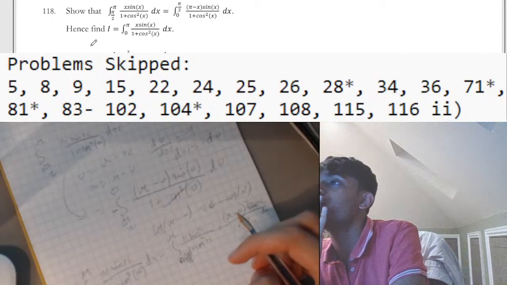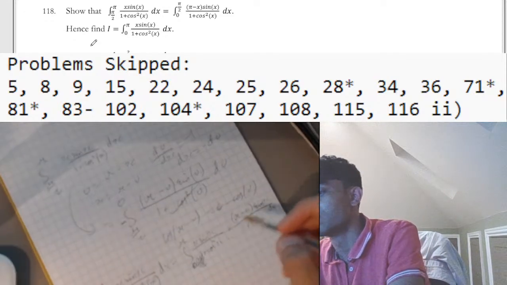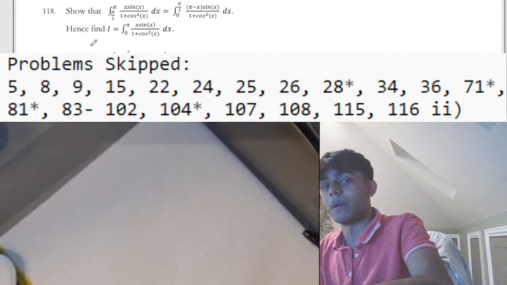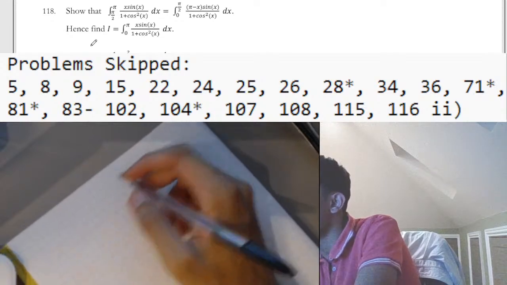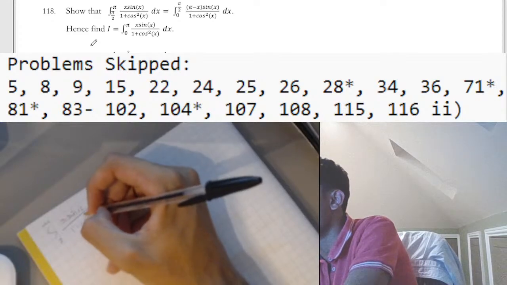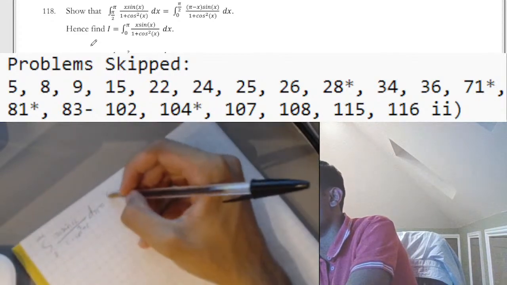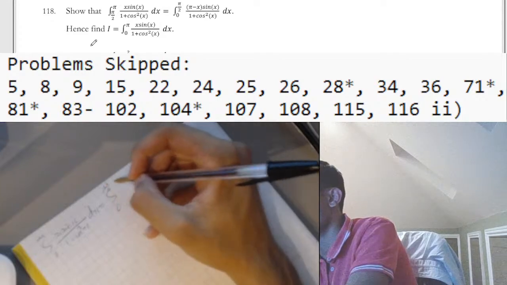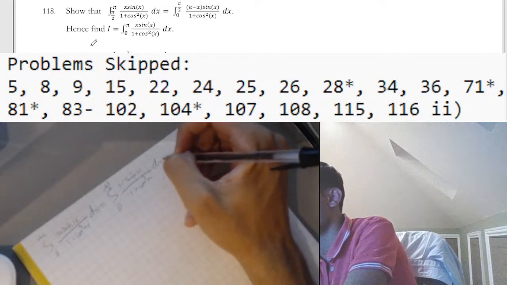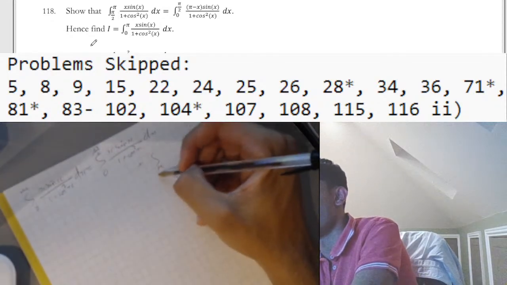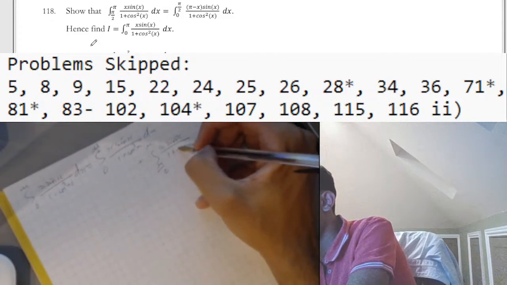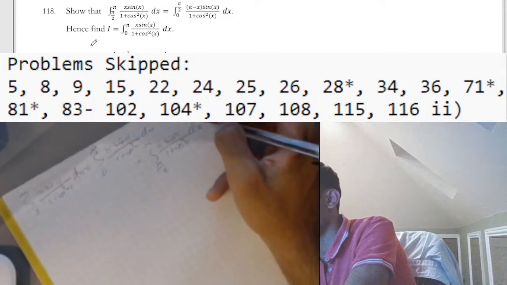Oh wait. Okay, so it's the integral of... No, integration is not my strong point. So the integral from 0 to pi of x sine x over 1 plus cos squared x dx is the integral from 0 to pi over 2 of x sine x over 1 plus cos squared x dx, plus the integral from pi over 2 to pi of x sine x over 1 plus cos squared x dx.